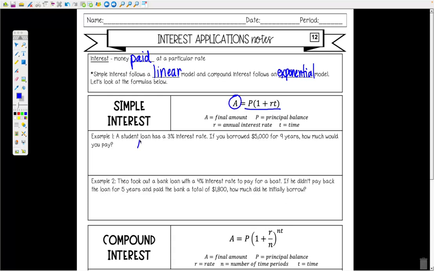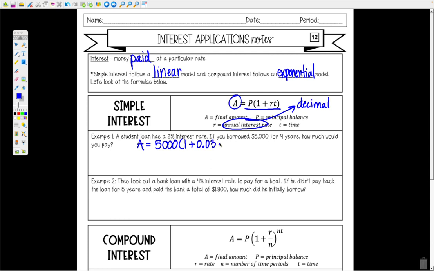You take the principal, which is 5,000, and multiply it times 1 plus our rate. Our rate is 3%. Remember, the rate has to be written as a decimal. So I heard somebody say 0.03. That's right. But you're multiplying it times the time.